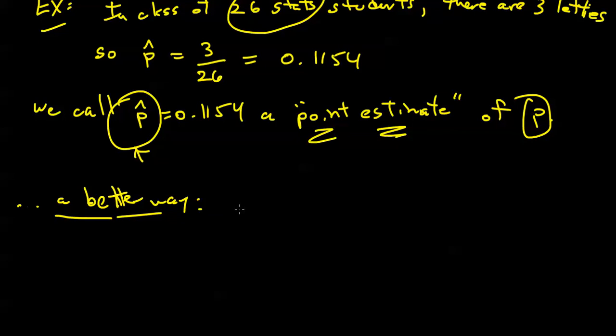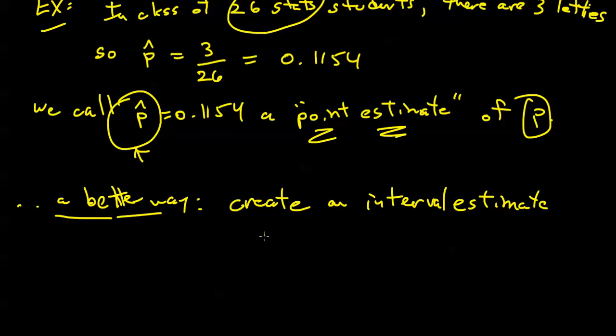There may be a better way, and in fact there is, when we consider what we call an interval estimate for little p. So perhaps a better way is to create what we call an interval estimate for little p. Alright?